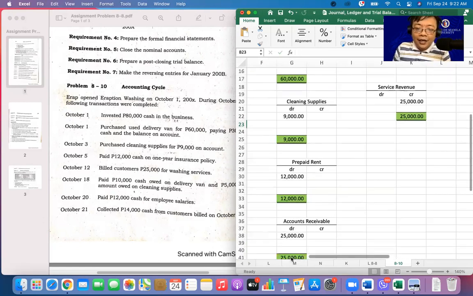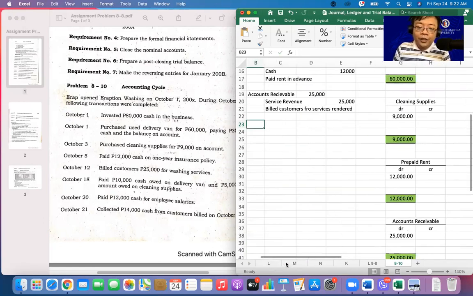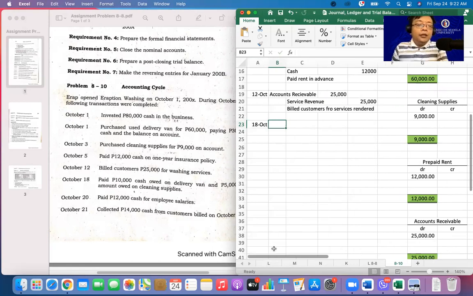Lagi yan, ha? Dapat merong ganun. Why? Because for proper monitoring, di ba, you can monitor, nagbayad na pala sila, tapos sinisingil mo pa. So proper monitoring of the receivable and proper monitoring of the payable.